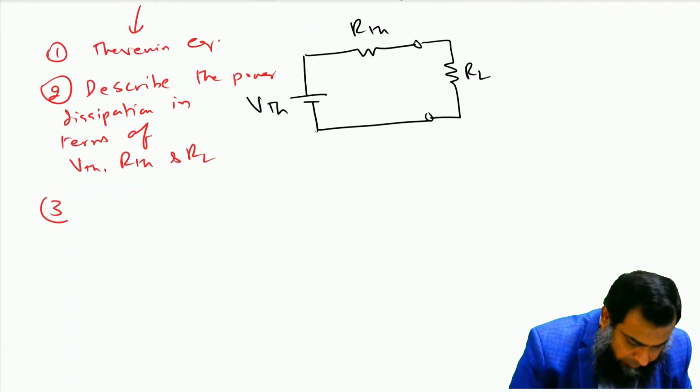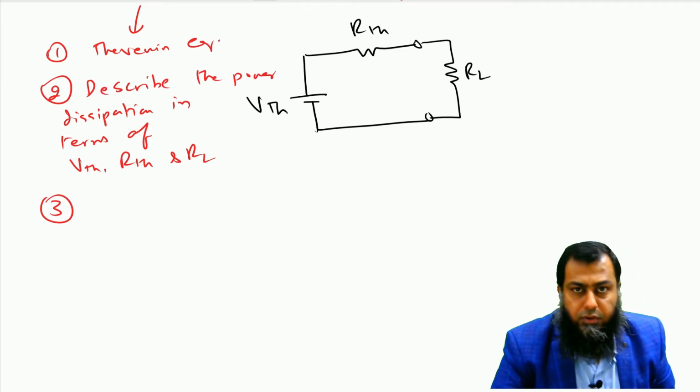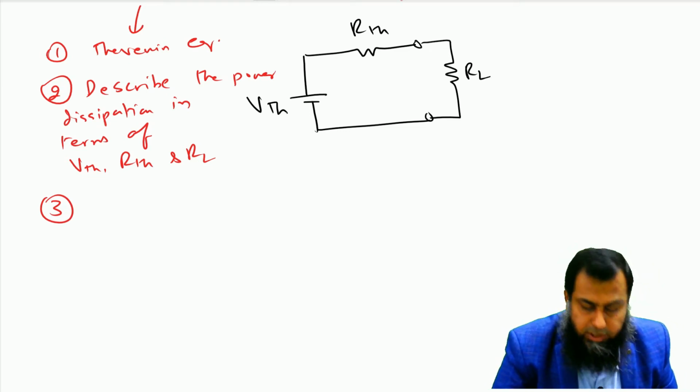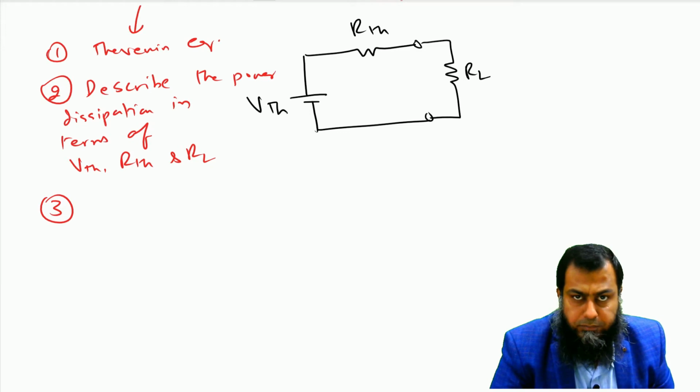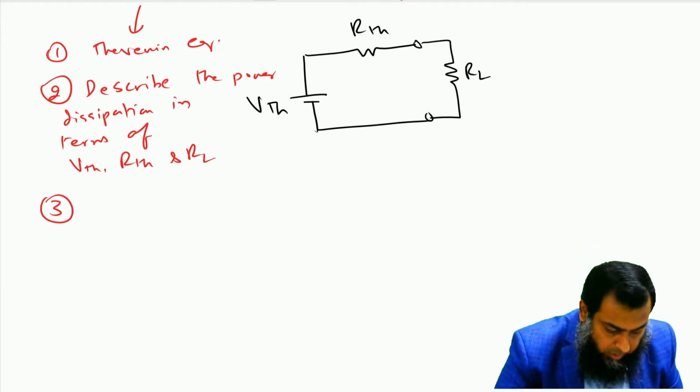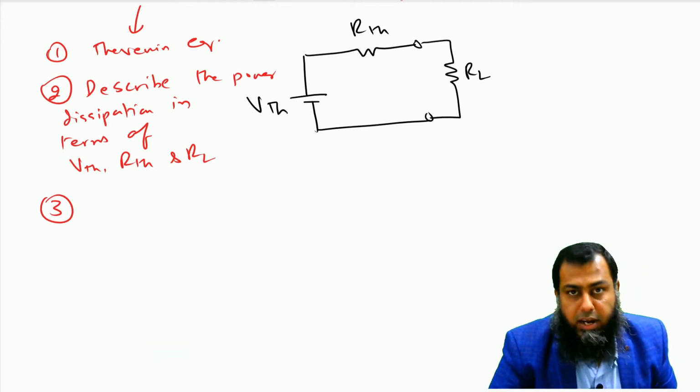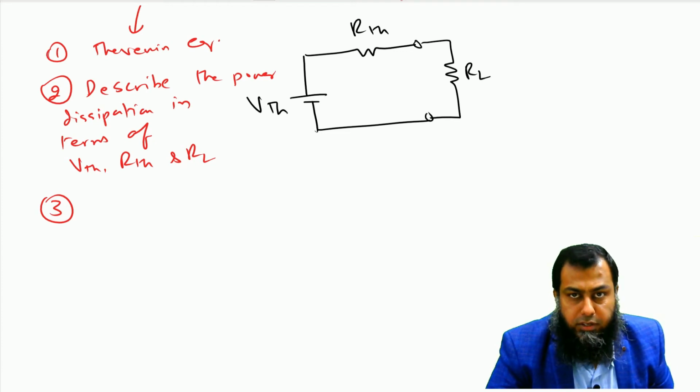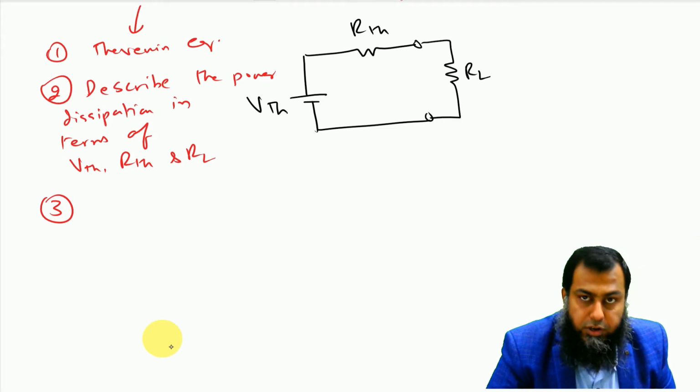And as a third step, because we know that for any given network this V Thevenin and R Thevenin are actually fixed quantities, we need to see that only this resistance RL contributes in the power dissipation that will maximize the power transfer from this Thevenin voltage source to this resistance RL.